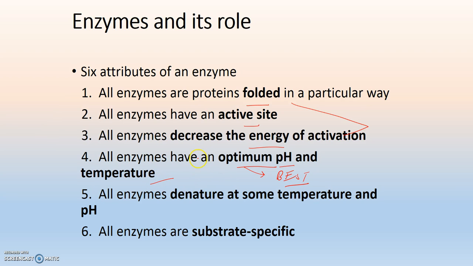Remember, all enzymes are different. Different enzymes require different pH. Different enzymes require different temperature. There is no one hard and fast rule that works for all enzymes across the board. For example, the enzyme in your mouth works at a higher pH. The enzymes in your stomach work at a low pH. The pH in your stomach is very low.